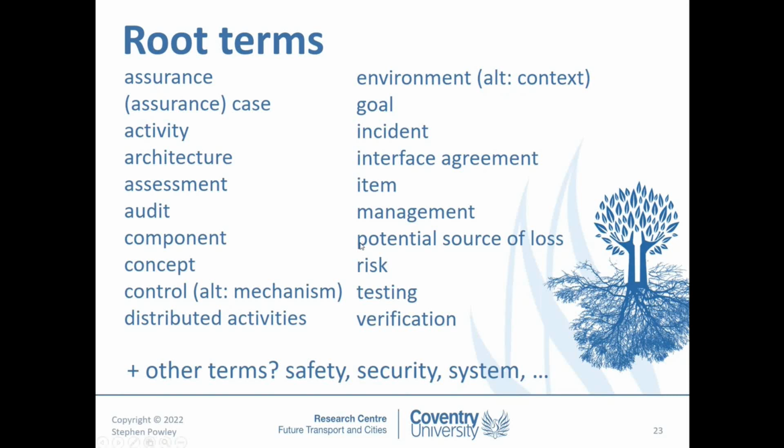And general ideas like, what is the parent concept that security and safety both belong to? So we might have ideas of trustworthiness, resilience, but building on ideas from the NCOSE loss-driven systems engineering initiative, we've identified this idea of a potential source of loss as being really key. Broader ideas like risk and testing and verification are also going to be important.